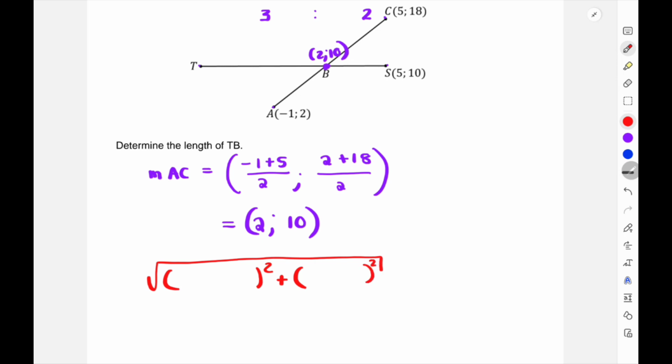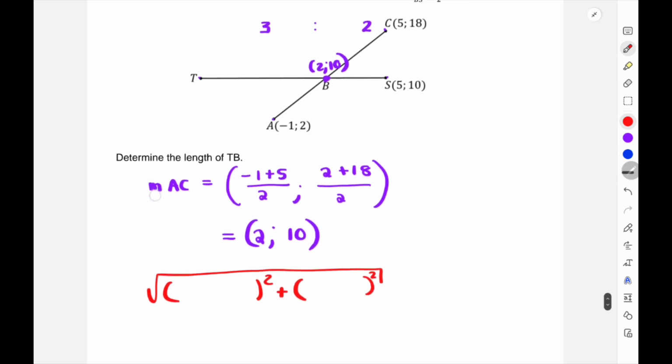Let me do the x values, the y values, so 10 minus 10 squared, plus the two x values subtracted from each other, doesn't matter which order. 10 minus 10 is nothing. 5 minus 2 is 3. 3 squared is 9, which gives you that it's 3 units long.